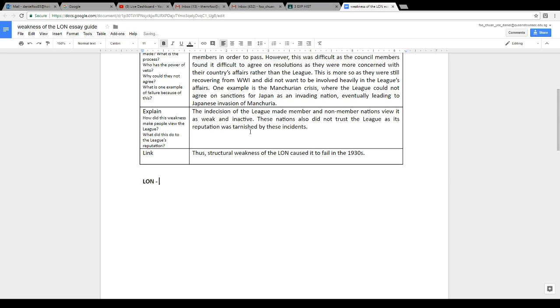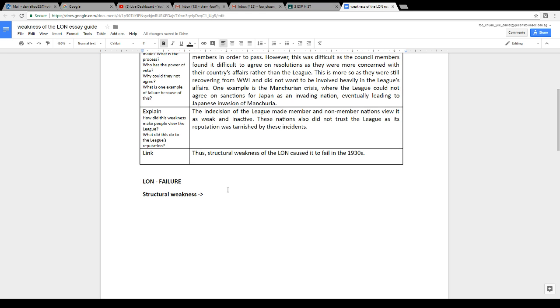The topic is failure. So this is your outcome. Think about the outcome, which is failure. Then the claim, make it very simple. Structural weakness is one of the reasons why the League led to failure.